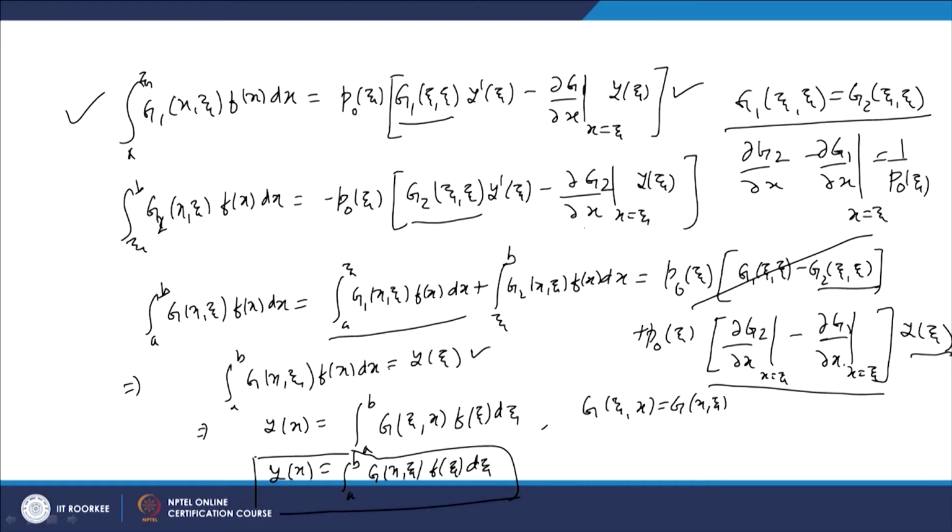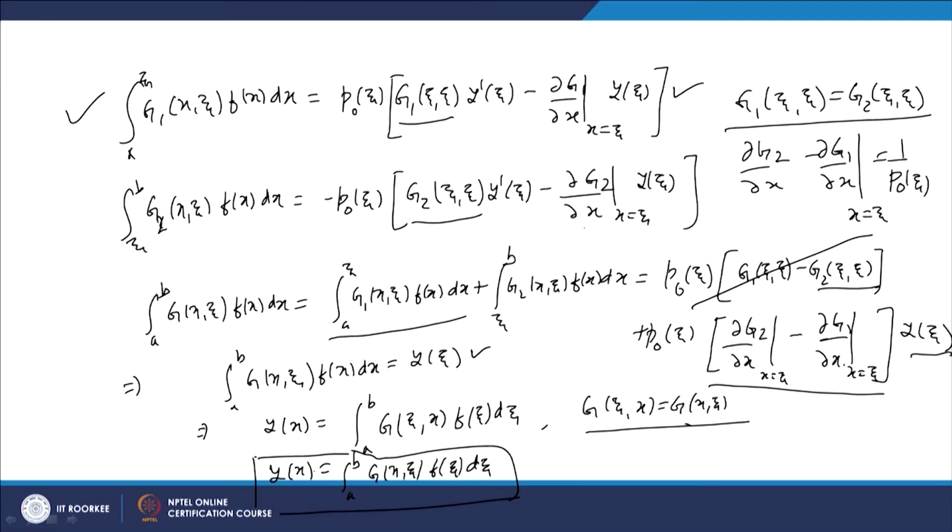So, now just interchange xi and x, and we have y(x) equal to the integral from a to b of g(xi, x) f(xi) d xi. But here we have noted down that g(xi, x) equal to g(x, xi), because in self adjoint problems your Green function is a symmetric Green function. So, in place of g(xi, x) we can write g(x, xi).